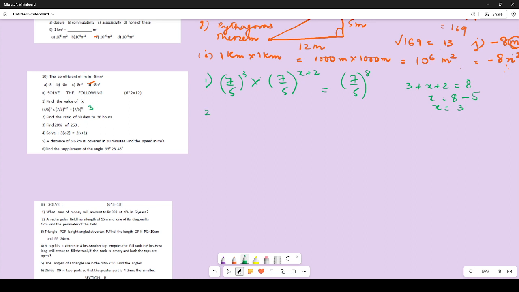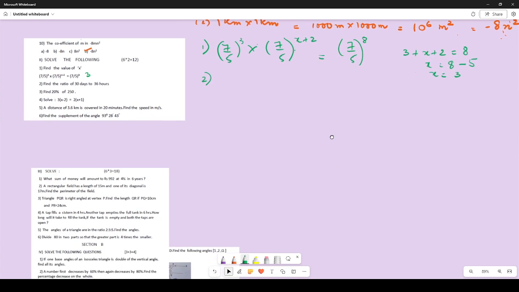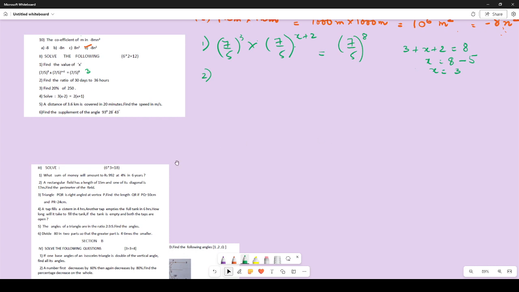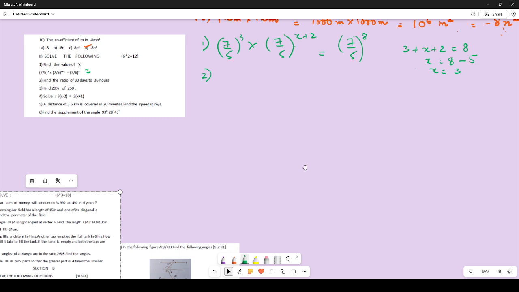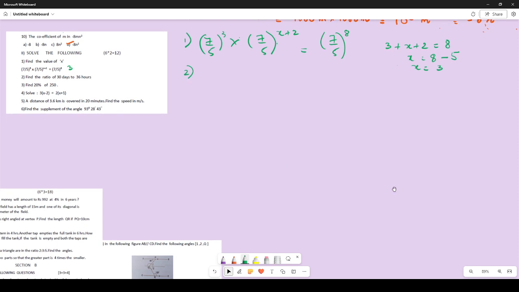Let us take up the next question. Find the ratio of 30 days to 36 hours. Now here as well, you need to understand something. Here it is ratio. So 30 days to 36 hours.